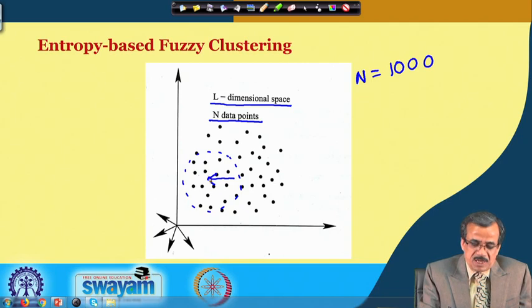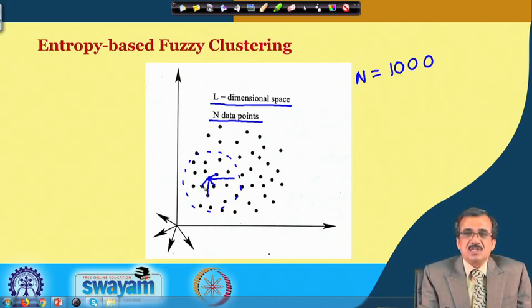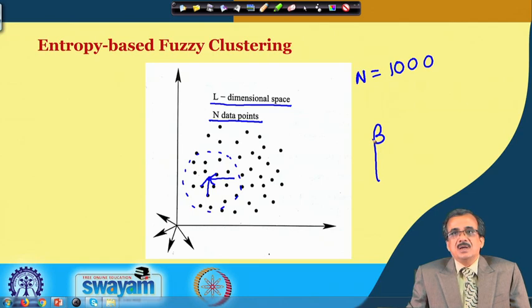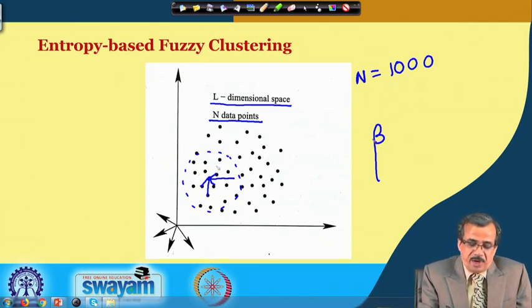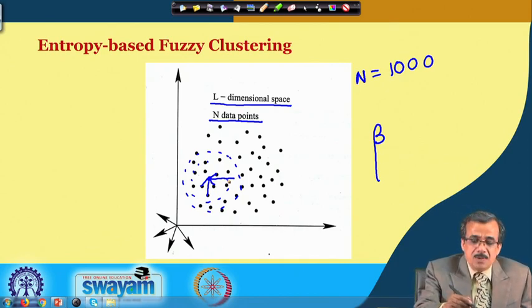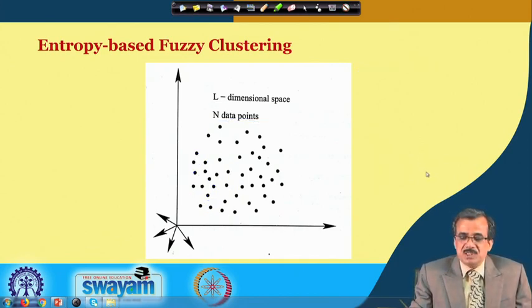Now, if this particular similarity with respect to the center of the cluster is found to be greater than or equal to some threshold value denoted by beta, then we allow those points to lie within this particular cluster. So, this is the way actually we do the clustering using the entropy based fuzzy clustering. Now, I am just going to discuss in much more detail.